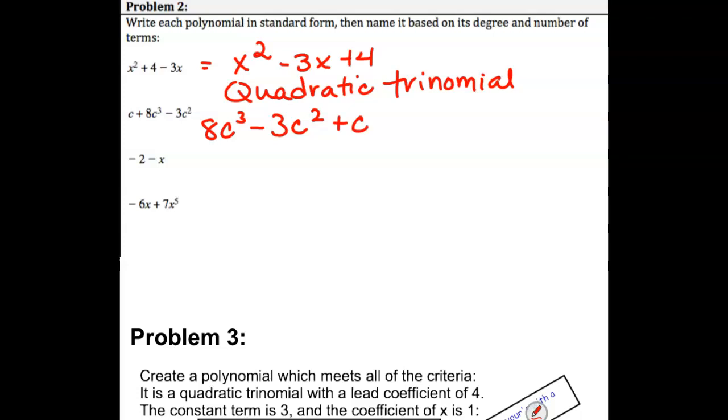Degree is what? What's your highest power? A 3. So it is degree 3. Because it is degree 3, we call it a cubic. And it has how many terms? 3 again, so a trinomial. So this one is a cubic trinomial.